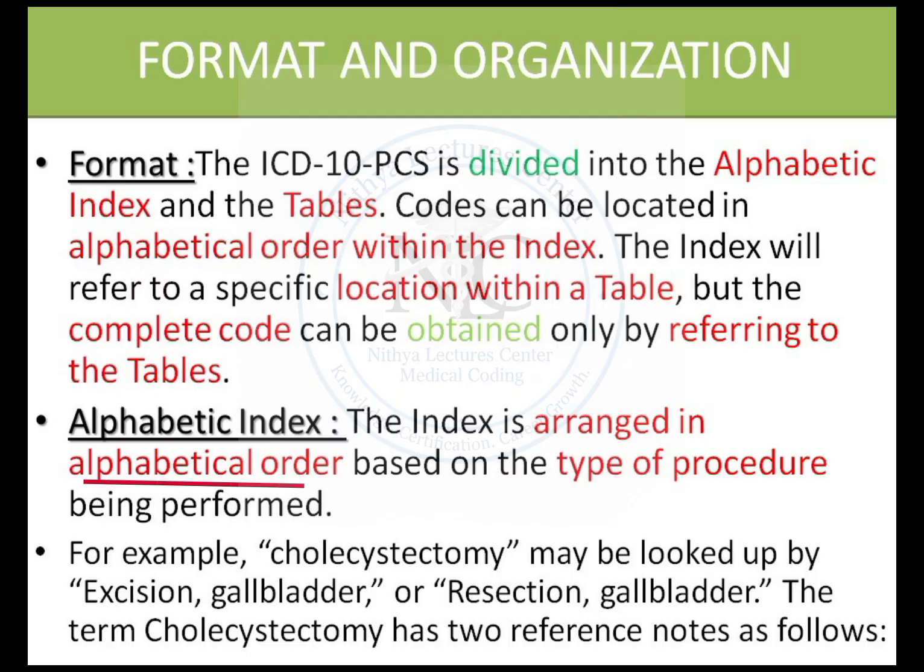For example, let's take cholecystectomy. If the gallbladder is resected, it means you should code the root operation resection, and if the gallbladder is partially excised, you should use the excision root operation. We'll see more in upcoming videos based on the root operations.